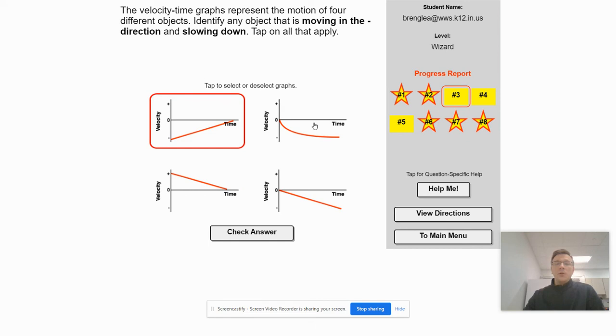This one over here is starting at 0 meters per second and then moving to a non-zero number. So this one's speeding up, so that's incorrect. And then this answer in the bottom right is also speeding up because it starts at 0 meters per second. It moves to a non-zero number along the y-axis. So we actually only have 1 correct answer for this one.